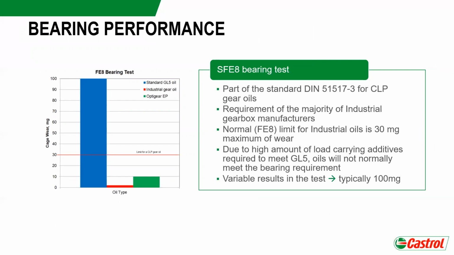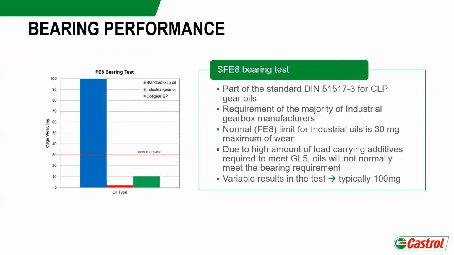And DIN CLP is a requirement for the majority of industrial gearbox manufacturers as a minimum. OptiGear EP gives around 10 milligrams of wear in this test. Not as good as OptiGear BM, but still pretty good considering the load carrying I mentioned on the previous slide, and certainly qualifies as a DIN CLP gear oil.